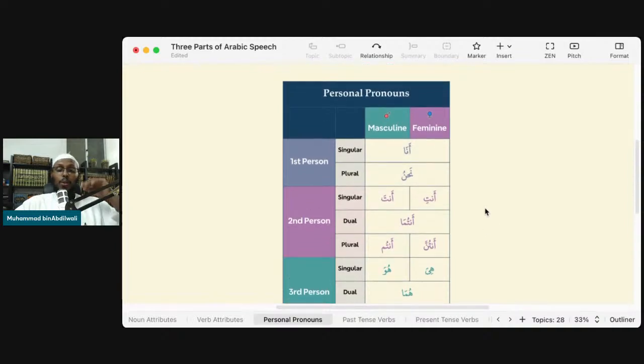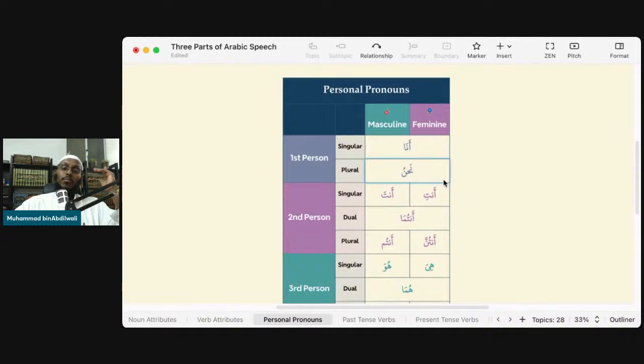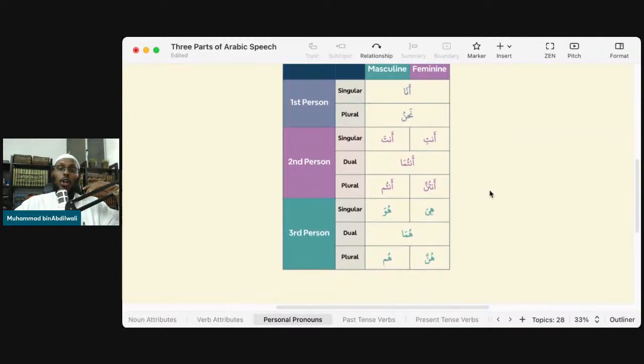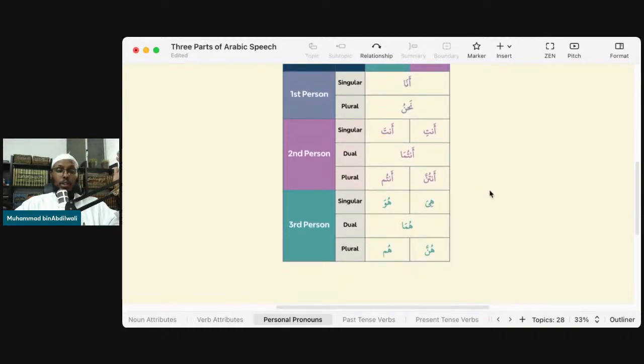Now, these personal pronouns, barakallah fikum, are nouns, just like any other noun. That's why they have the same attributes. Remember, when we talked about nouns, we said a noun can be masculine or feminine, and it can be singular, dual, or plural. We mentioned that last time.